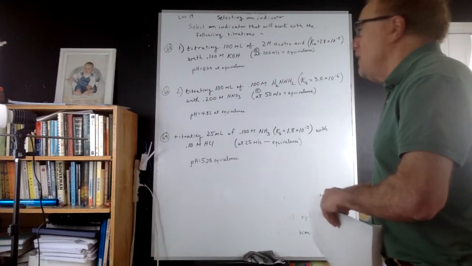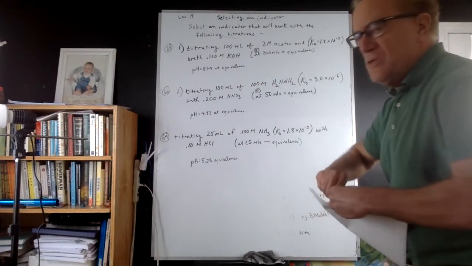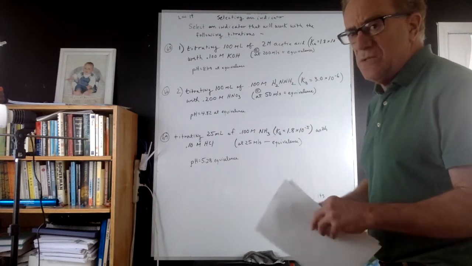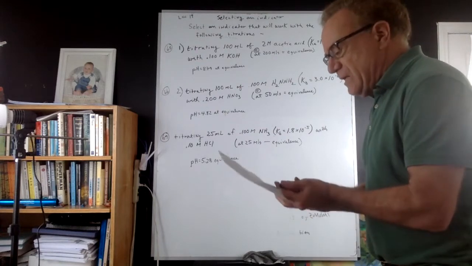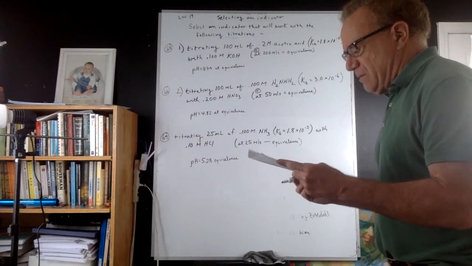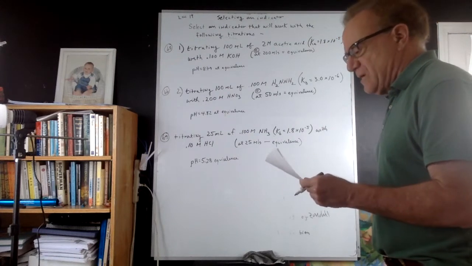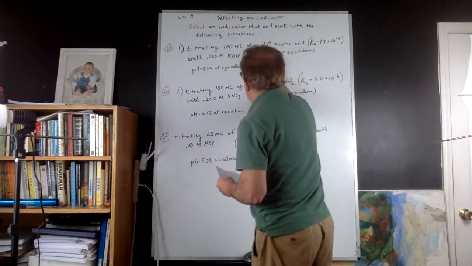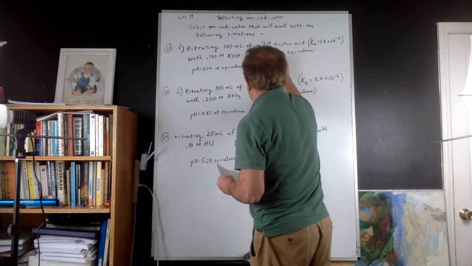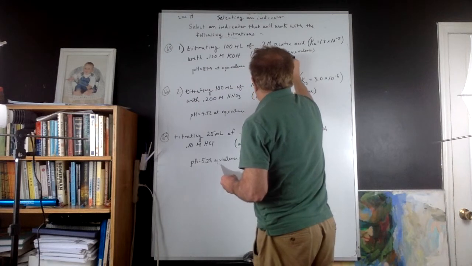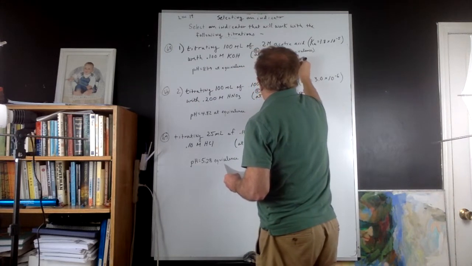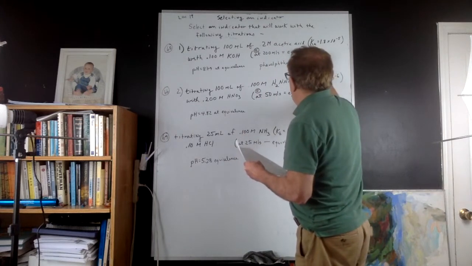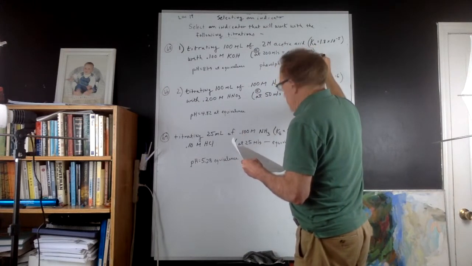So once you've done that math and figured out the pH at equivalence was 8.79, now you go to a chart on page 632 of Zumdahl, and you look at the pH range of color change for various indicators. You would find that phenolphthalein changes color from a pH of 8.1 to 10.0.